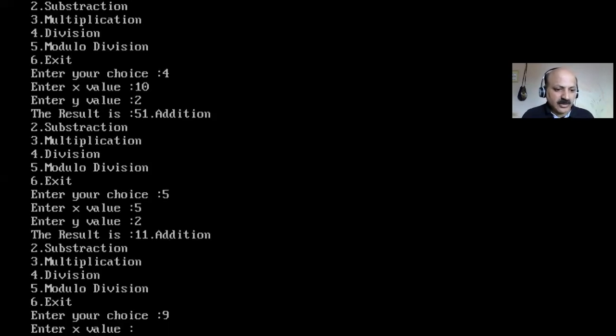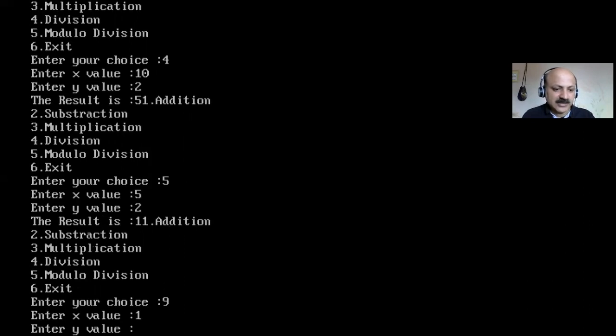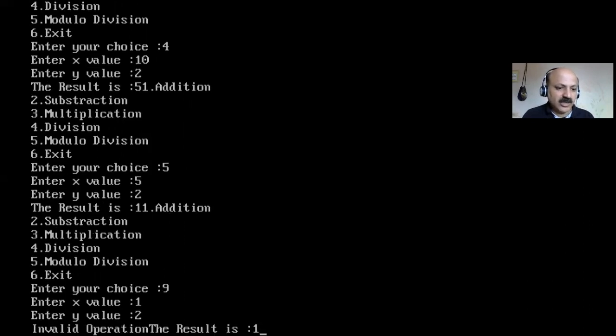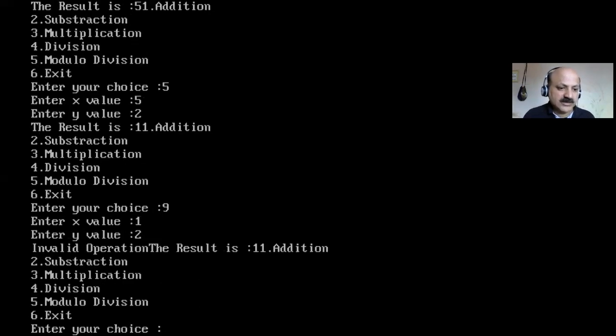Again it asks for the x and y values, and then says invalid operation and the result is 1. So the default block works, yes, and now I can give 6.